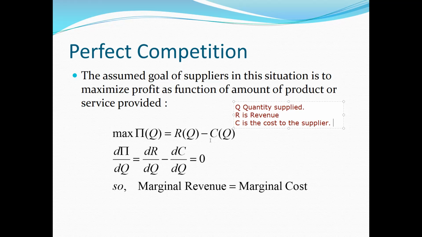So if you want to maximize this profit equation, how do we maximize something? We take the derivative of that function and equate it to 0.